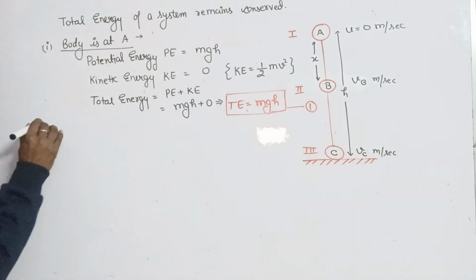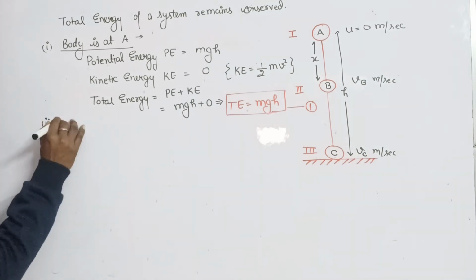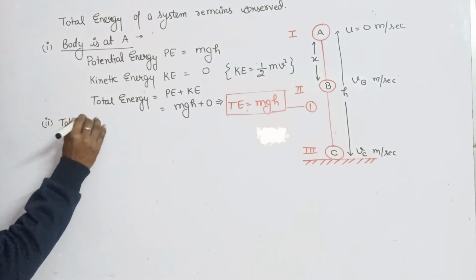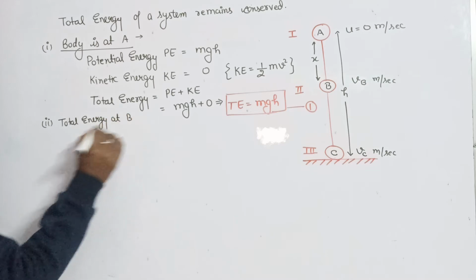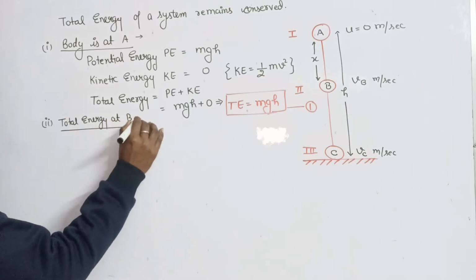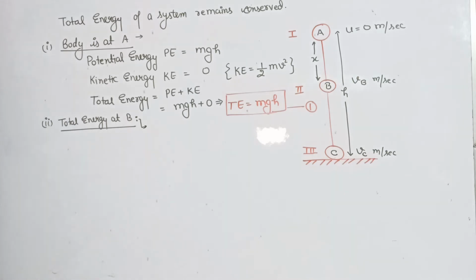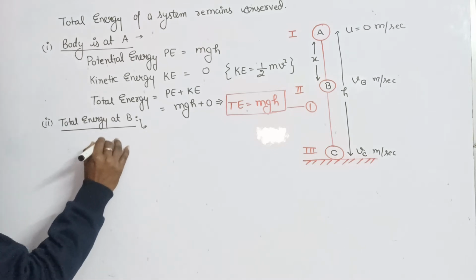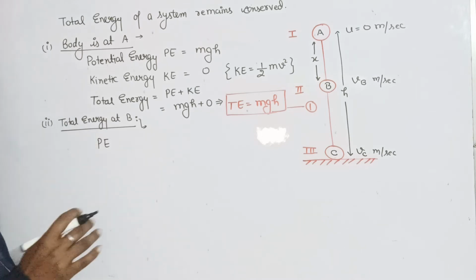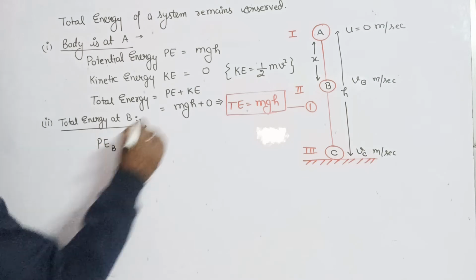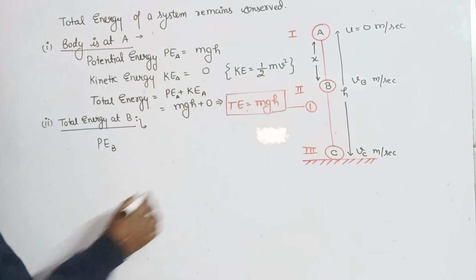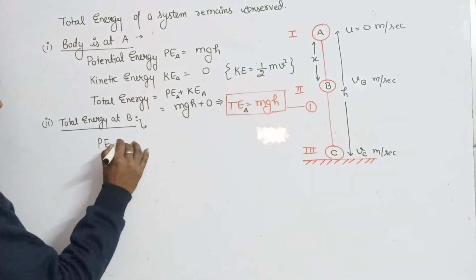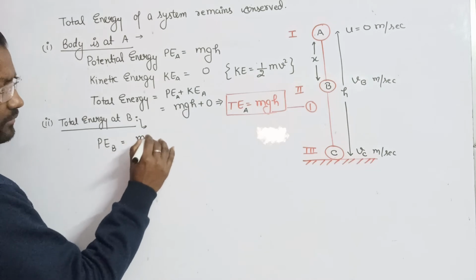Okay, now the second is the total energy at B. So if we see the total energy at B, first of all the potential energy, मैं शॉर्ट में लिख रहा हूँ, PE that is potential energy at B। ये A के केस में बात हो गई, ये A पर था। चलो B पर अगर हम बात करें, it will be mg.